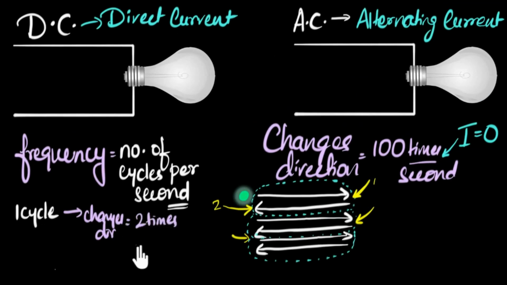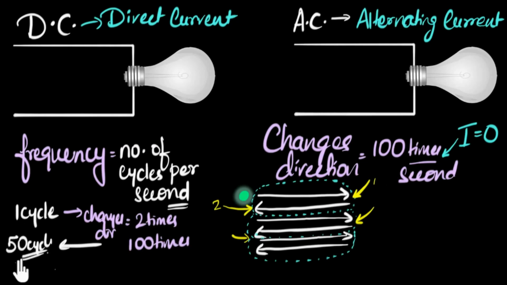So if the electron changes direction 100 times, how many cycles is it? Well, notice the number of cycles is half the number of times it changes direction, right? So if the electron is changing its direction 100 times, how many cycles must it be? 50. It has to be 100 by 2, 50 cycles.